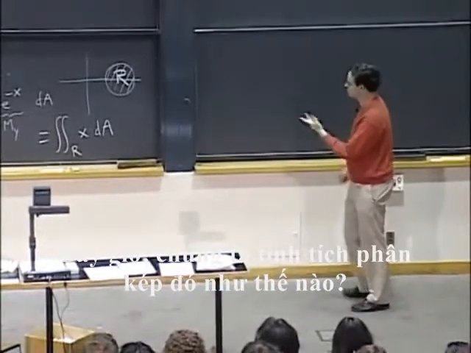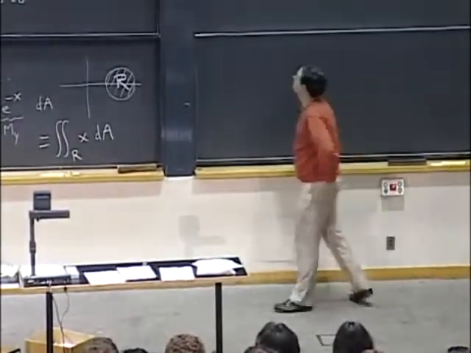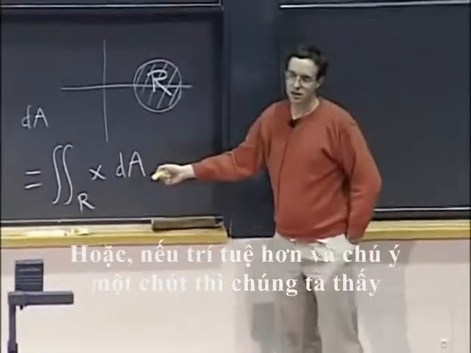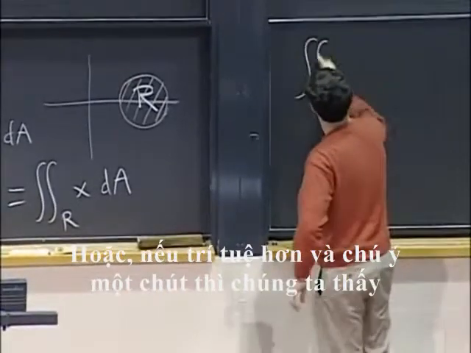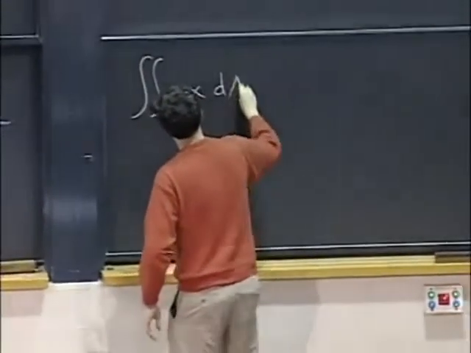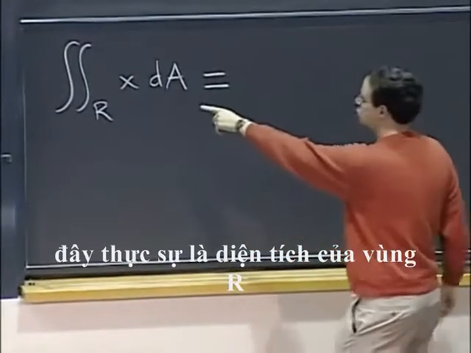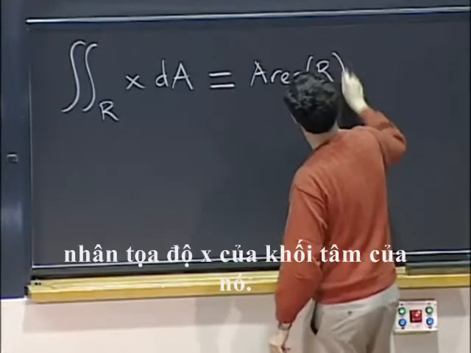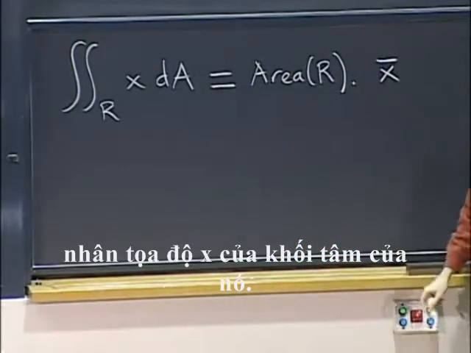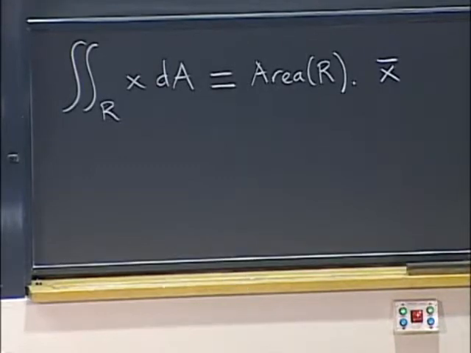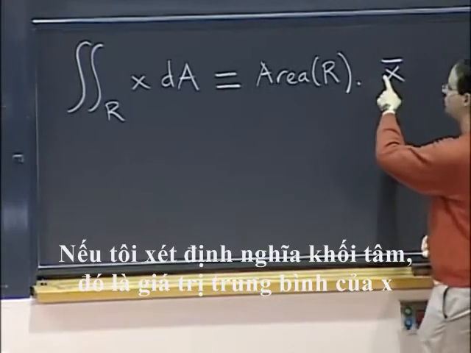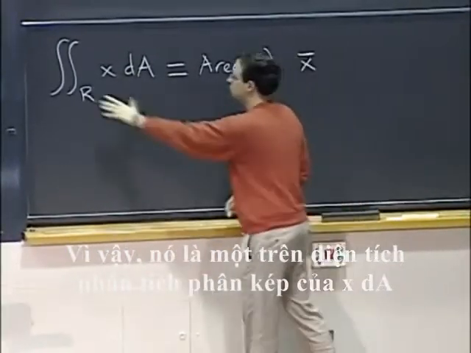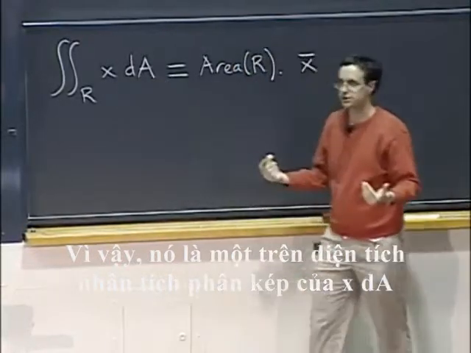Now, how do we compute that double integral? Well, one way would be to set it up, or let's actually be a bit smarter and observe that this is actually the area of the region R times the x-coordinate of its center of mass. If I look at the definition of the center of mass, it's the average value of x, so it's 1 over the area times the double integral of x dA.